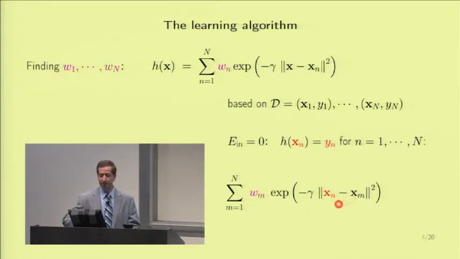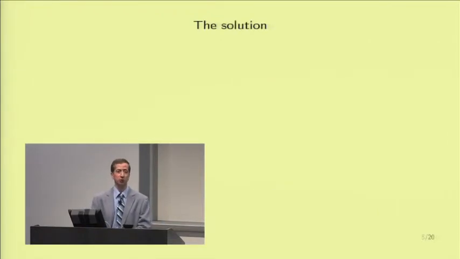So in this case, you want this quantity, which is the evaluation of h at the point xn, to be equal to yn. That's the condition. And you want this to be true for n equals 1 to capital N. Not that difficult to solve, so let's go for the solution.